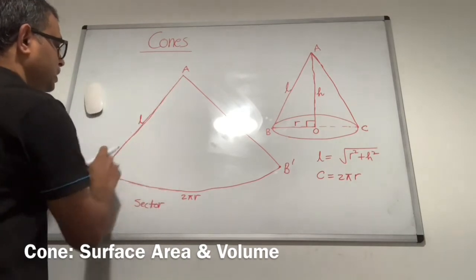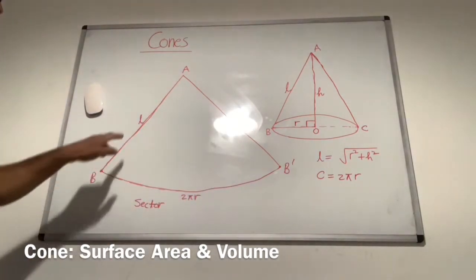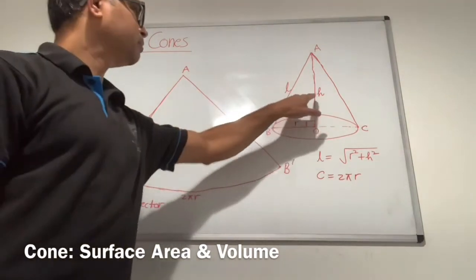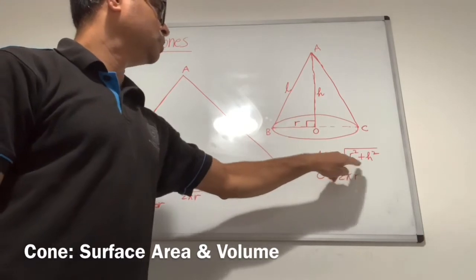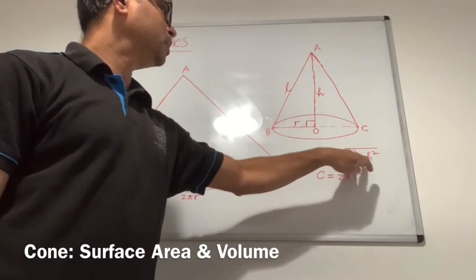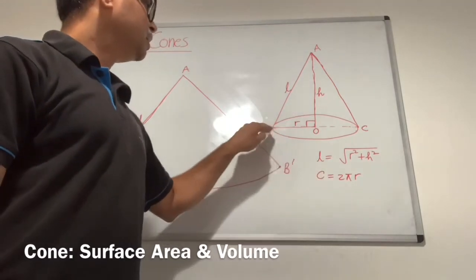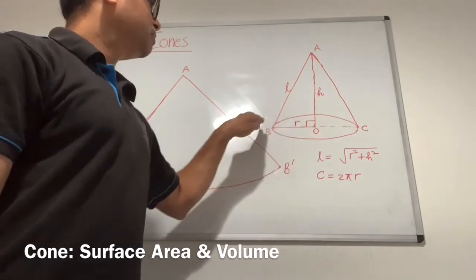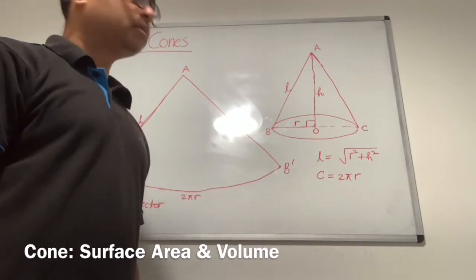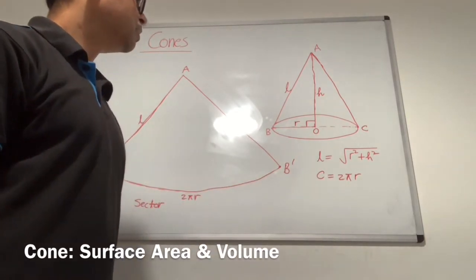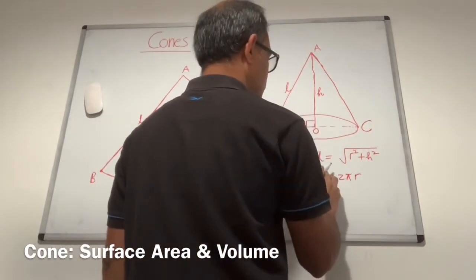And this length becomes the radius of another sector. The L comes from here: L is equal to root under r square plus h square. And the perimeter of this circle is 2 pi r. Don't write C because C will get confused. You can make it capital C, and this could be small c.